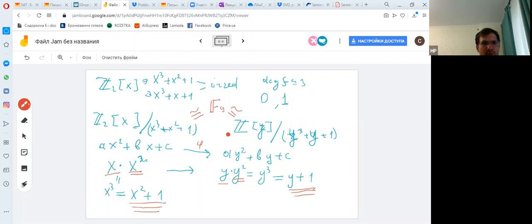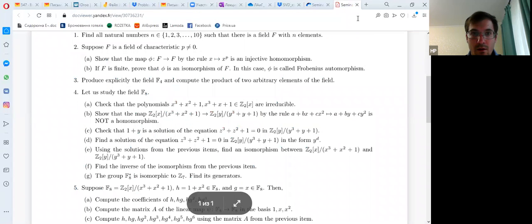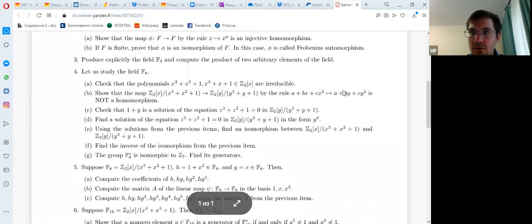This isomorphism is more complicated than this phi, which sends x to y and x squared to y squared. This is not a homomorphism.